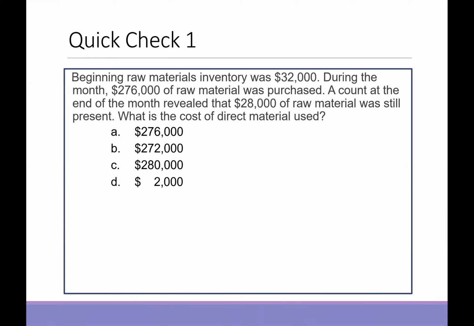So what cost of the direct materials was used during the period? Someone can just blurt it out. I got C, 280,000, and I could explain my answer if you'd like. Anyone else?